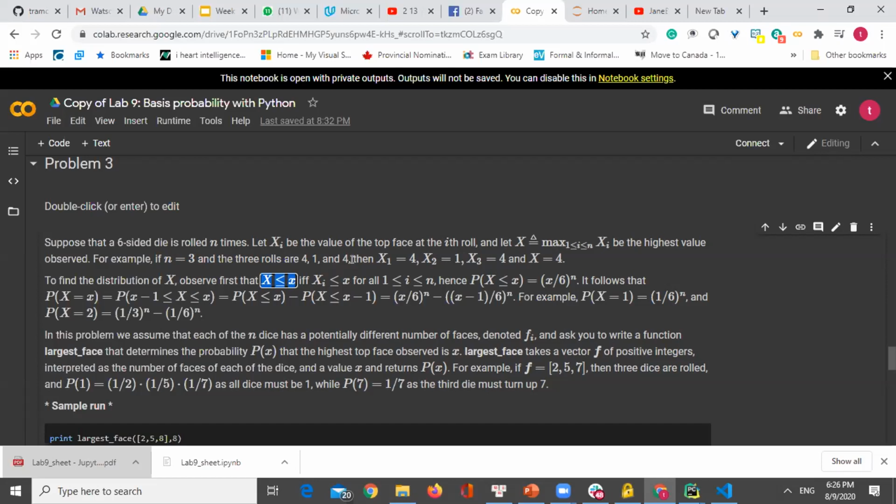Okay. Let X be the value of the top face of roll i for X. What does this character mean? Which one? That one, this one.